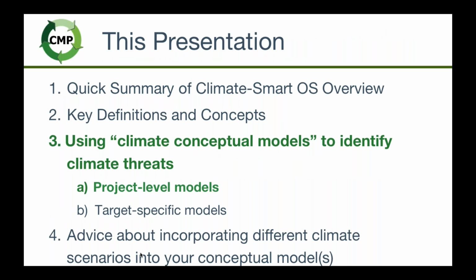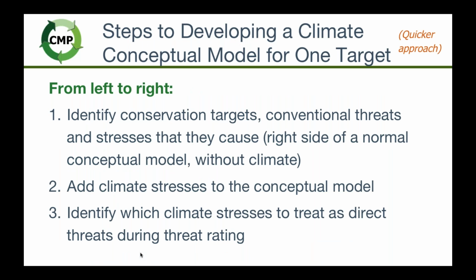So let me keep going and get through the climate conceptual models, and then I'll stop for questions and comments, maybe after this first section. So as I said, you can do project level or target specific models. So the quicker approach is the project level conceptual models.